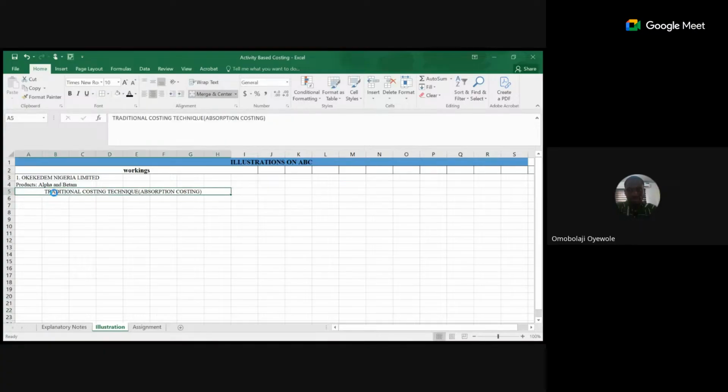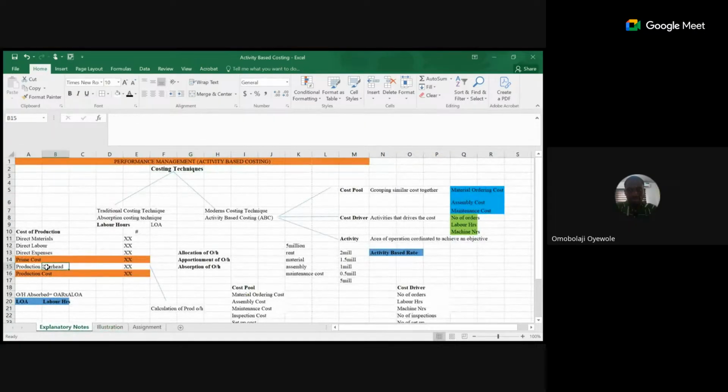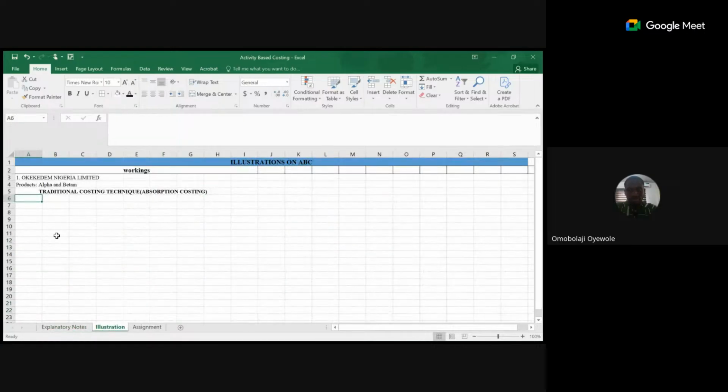Now, remember from the explanation I gave, what we want to calculate is production overhead. Our area of focus is calculation of production overhead using both activity-based costing technique and absorption costing technique. How do you calculate production overhead?